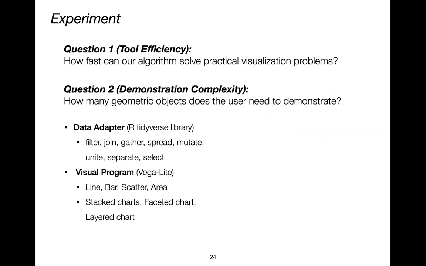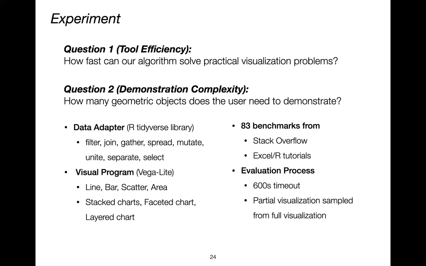We're adopting a data adapter from the R libraries and visual programs from Vega-Lite. This is a weird combination, I know, but this is the way I like it because it's easier to render. If you think about it, Vega-Lite is essentially equivalent to ggplot2. They're just from a slightly different style of syntax. And we evaluated on some benchmarks from Stack Overflow and tutorials.